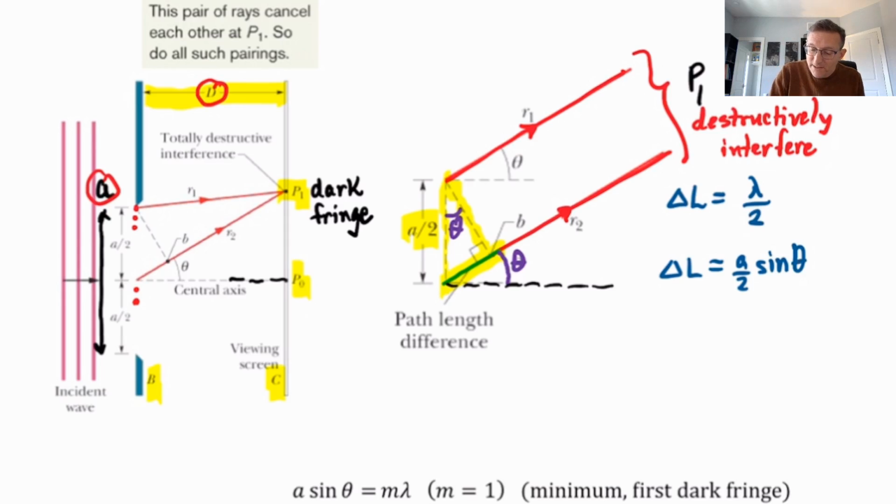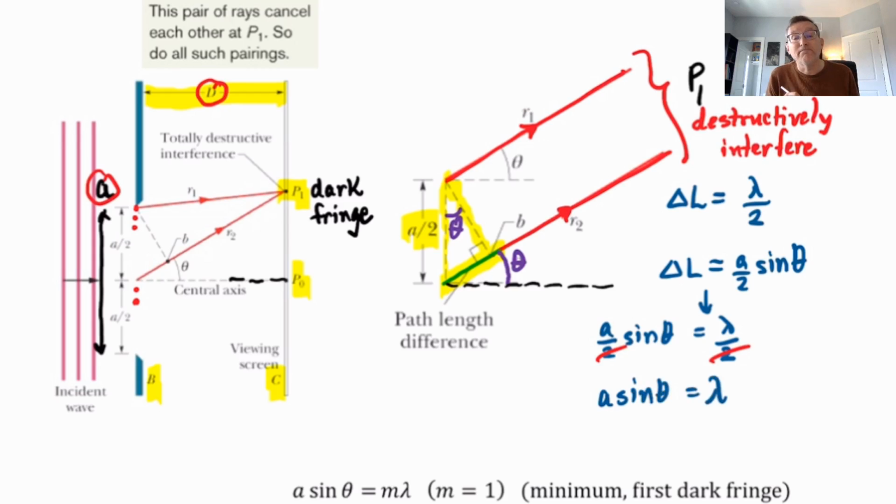Now just combine these two. These are both expressions for delta L that have to be equal. So you get A over 2 sine theta must equal lambda over 2. Excuse me, lambda over 2. I beg your pardon. Those cancel. And so A sine theta must equal lambda.